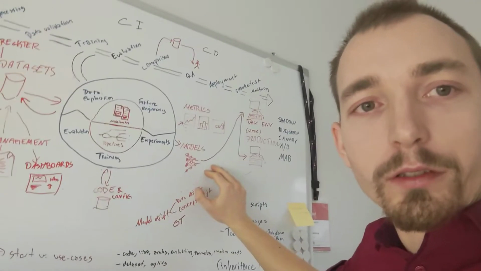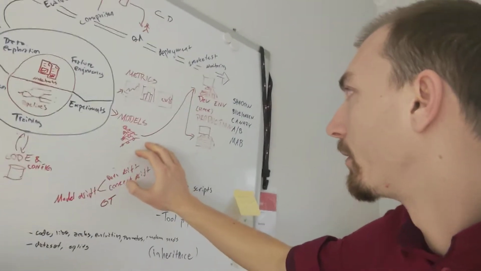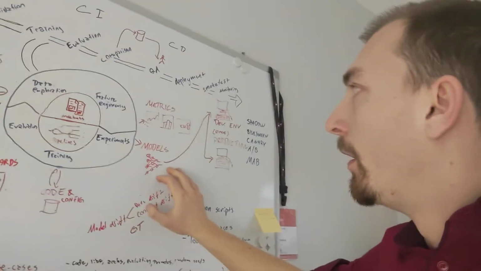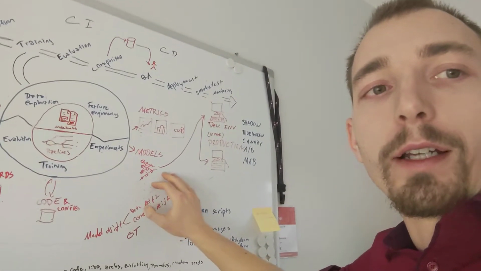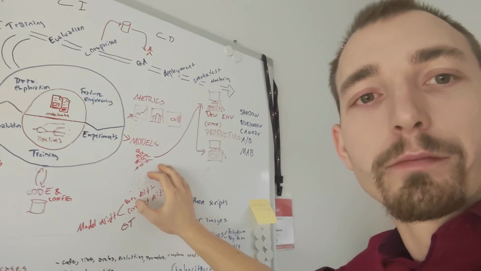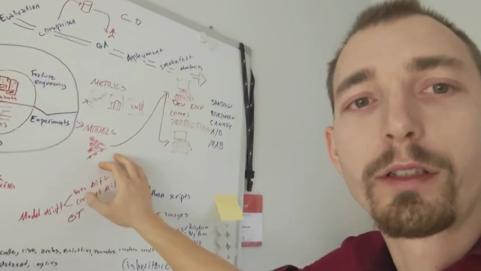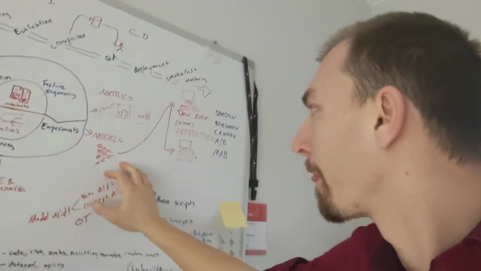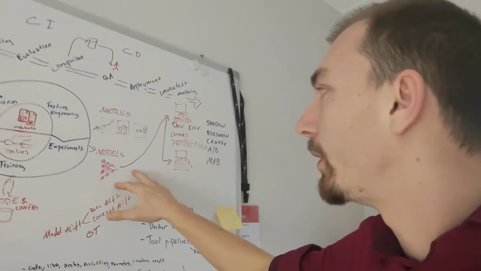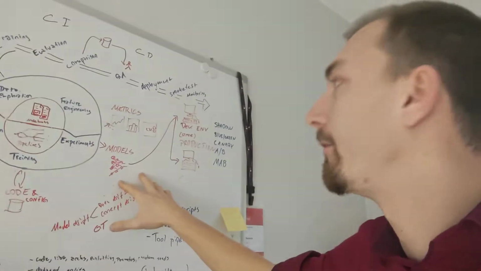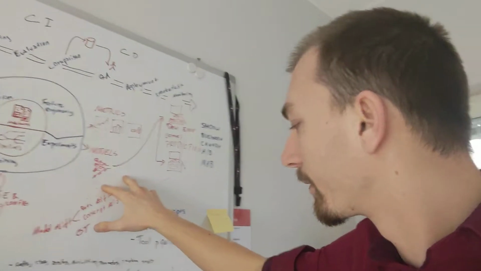So going to the models. Once you have trained a model, what you want to know here is how to replicate the model. And I talk a lot about replicating models. And you might wonder, why do we want to replicate models? If we already have the models, we don't need to replicate them.